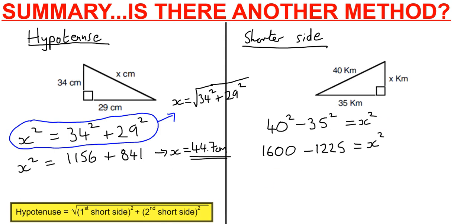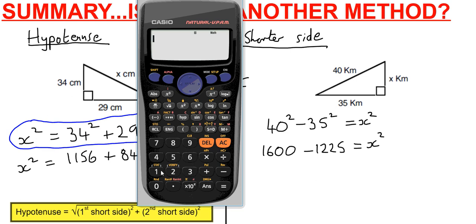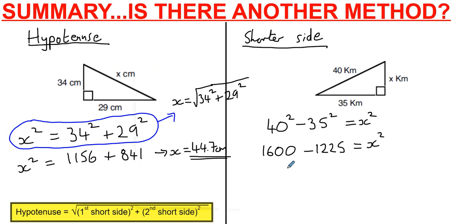And so if we just do 1600 minus 1225, we get 375. Then finally square root of 375 and see what we get.